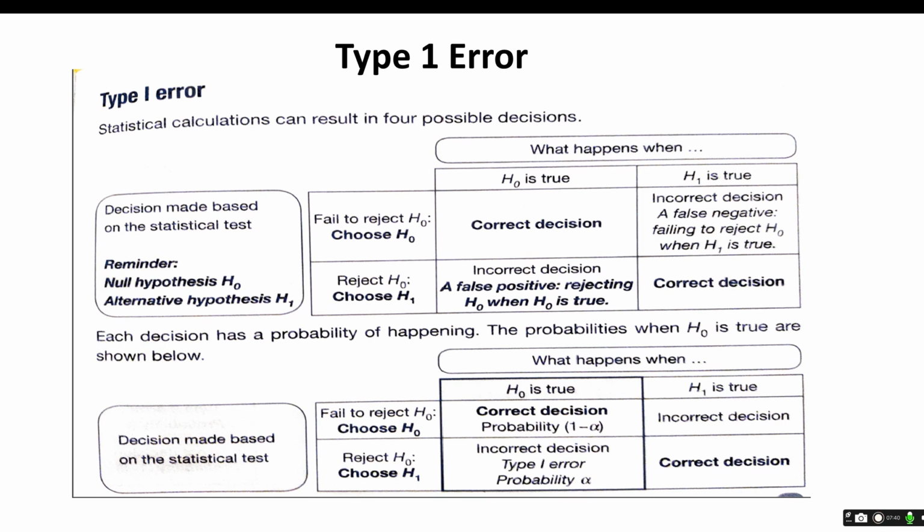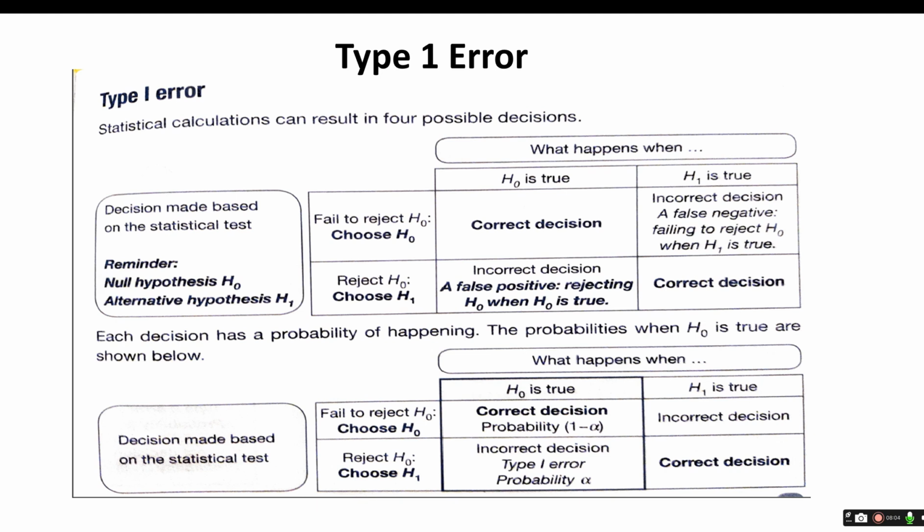When the null hypothesis is true, when there is no difference, can you understand? It's a false positive. In type 1 error, you are rejecting the null hypothesis when the null hypothesis is true.